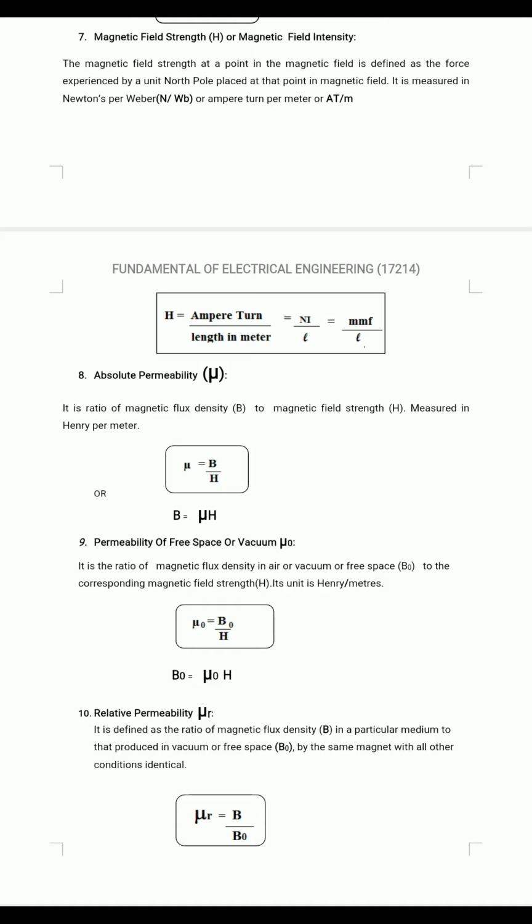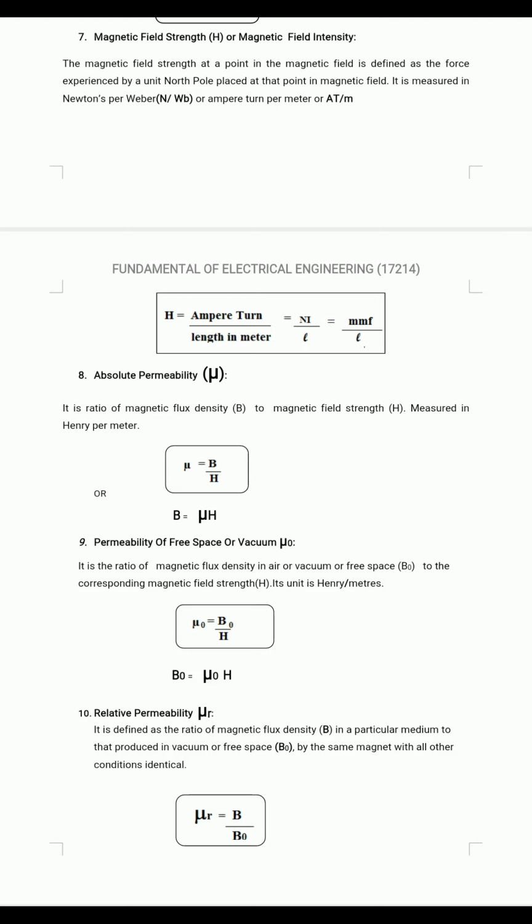So here we are dividing B by B0, and due to this ratio we can find the relative permeability.